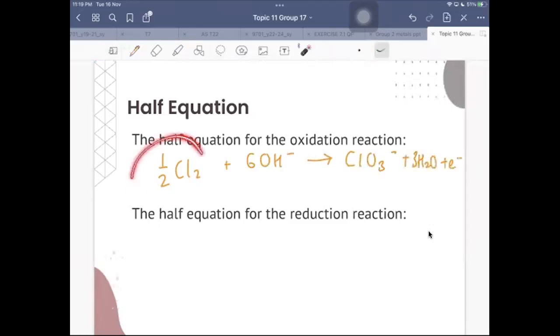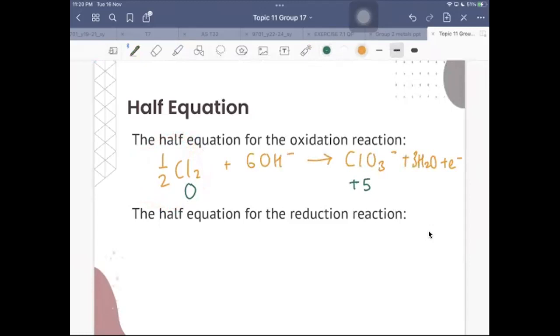Here we are only using one chlorine atom, so we go from 0 to +5. That means the oxidation is by 5 units. The reduction must also be by 5 units.